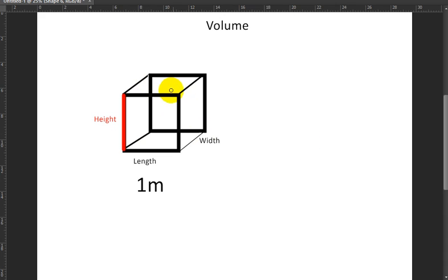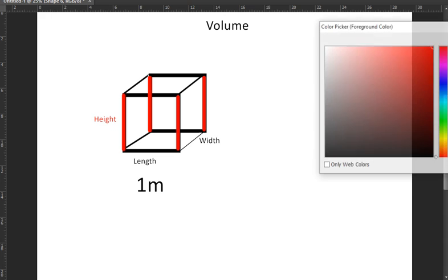All the sides that go from down towards up or up to down, they are all the heights. So if I tell you that the height is, let's say 3, it means that all of these red edges are 3.